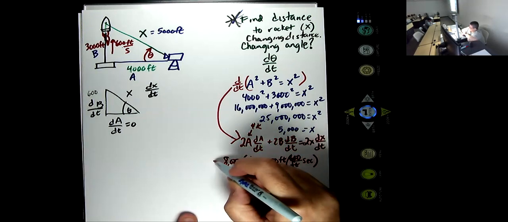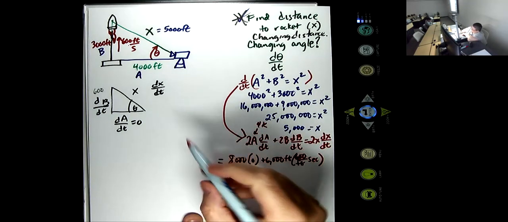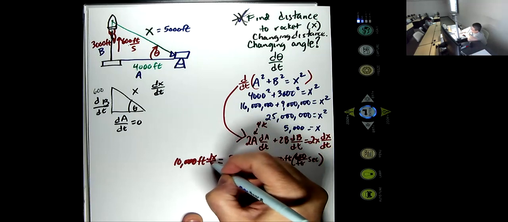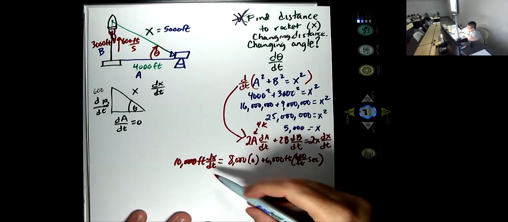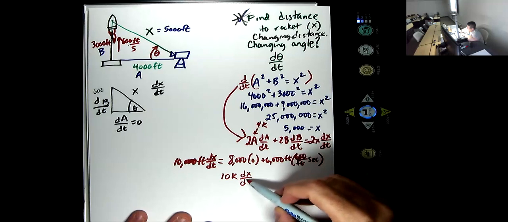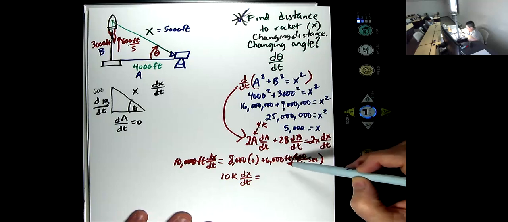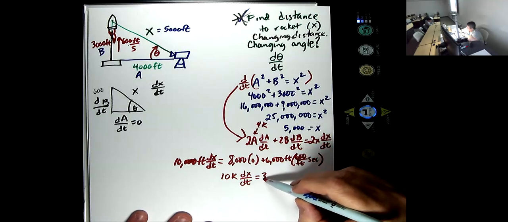Looks like I'm going to do 2x dx dt over here. 2x is, x was 5,000, so this is 10,000 feet. dx dt. So I'm going to write 10K, make it a little bit shorter. 10K dx dt. I've got 6K times 600, which would be 3,600K.